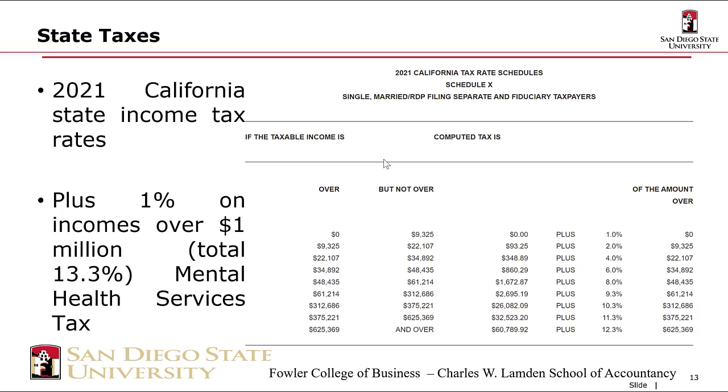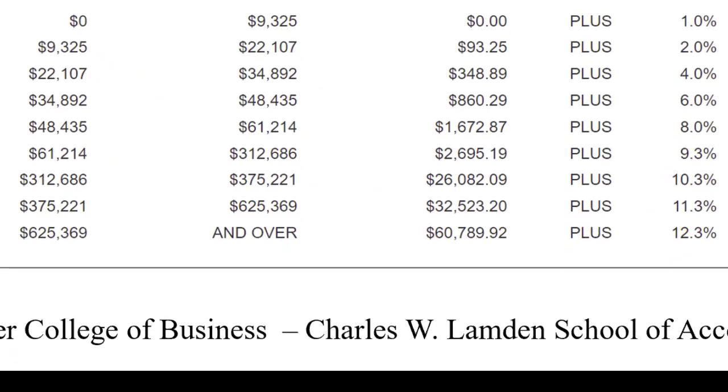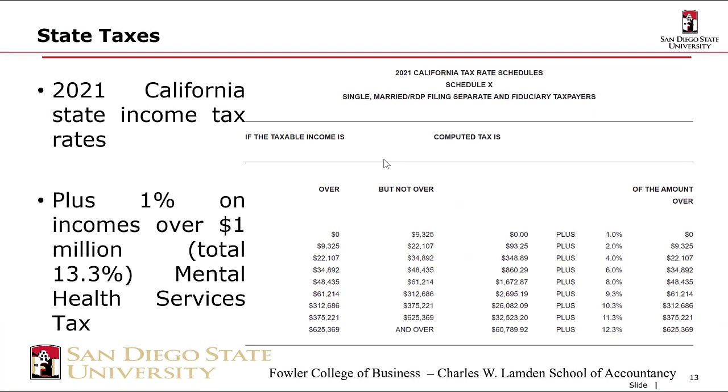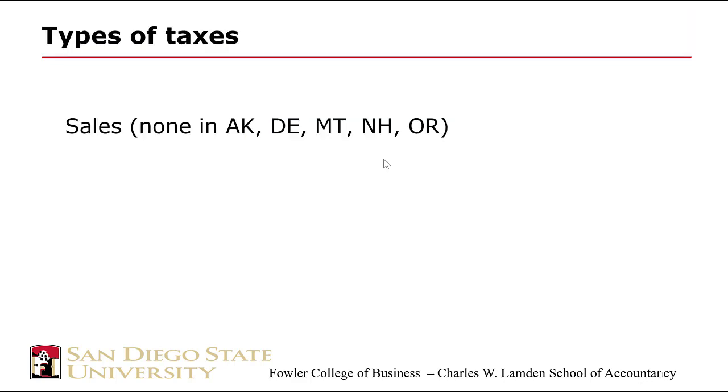I love the fact that that's not included in the table. Like we're keeping a secret from anyone. Give me a break. Because really it should say $625,369 to $1 million, 12.3. Above $1 million, 13.3%. In any event, fairly progressive rate structure, and again, we are a high taxing state, no question.